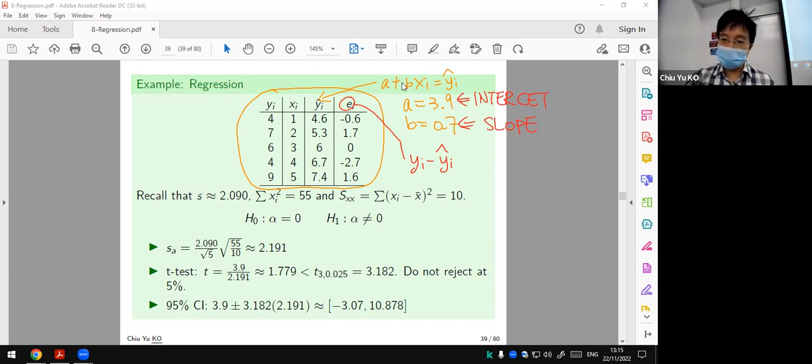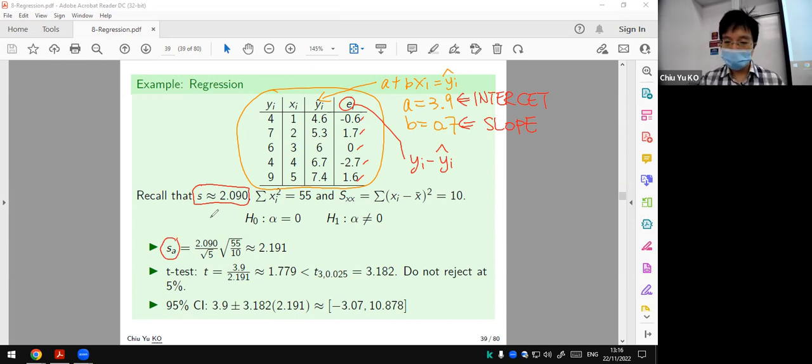Now, we also saw in the previous example how to get S. S is just, you take the square of each number there, over n minus 2, which is 3, and take the square root, you get S. Next we want to calculate the variance of A, or the standard error, or the estimated standard deviation.